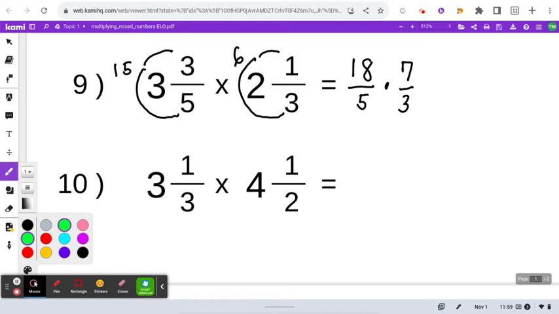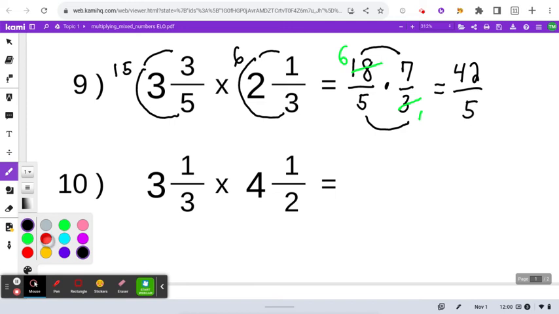For this one, I can cross cancel. 3 is a factor of both 3 and 18. 3 times 1 is 3. 3 times 6 is 18. 5 and 7 I cannot cross cancel. Multiply across. 6 times 7 is 42. 5 times 1 is 5.